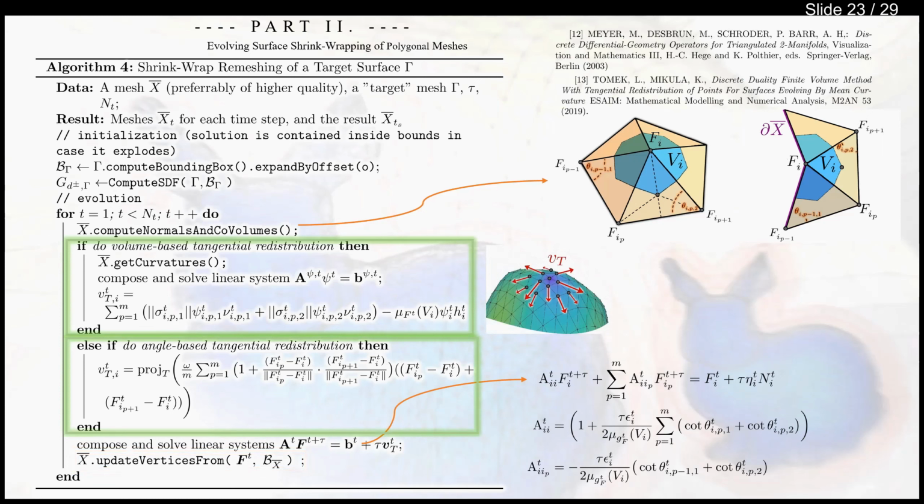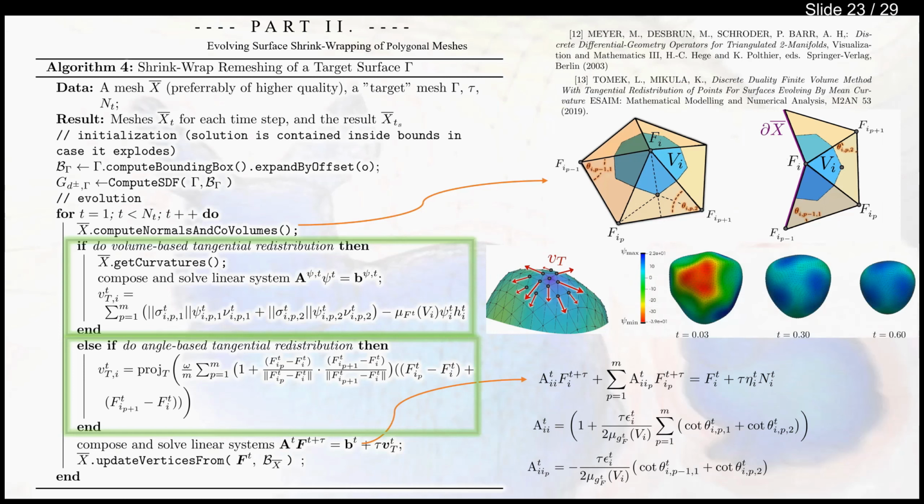The most complicated type of redistribution is the volume-based tangential redistribution, which relies on defining a kind of redistribution potential, psi, on the surface immersion and transforming its gradient in the immersion matrix into a tangential velocity vector defined at each vertex. This means that an elliptic equation for the unknown potential psi needs to be solved for each time step on top of the 3 linear systems for vertex update.